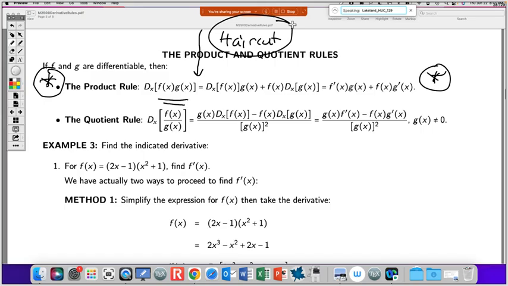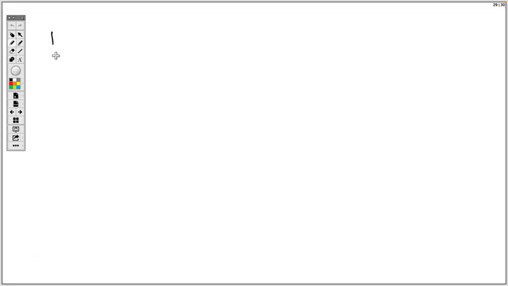You follow? So this is what's happening. You've got f and g, they're a product. Each of them gets its derivative taken while the other one waits. So you take the derivative of the first factor while the second one waits, and then you have the first times the derivative of the second factor. And if you think of it this way, it generalizes to however many factors you've got.